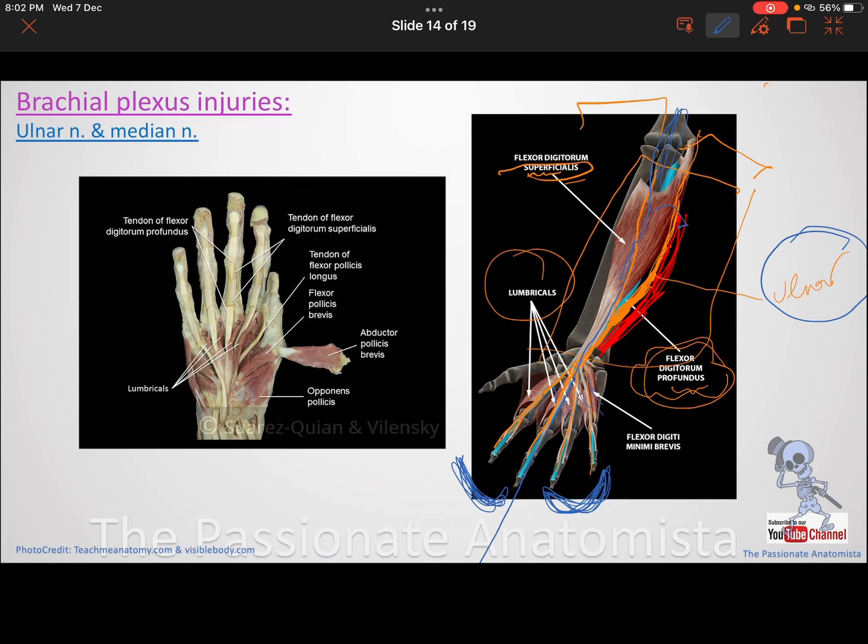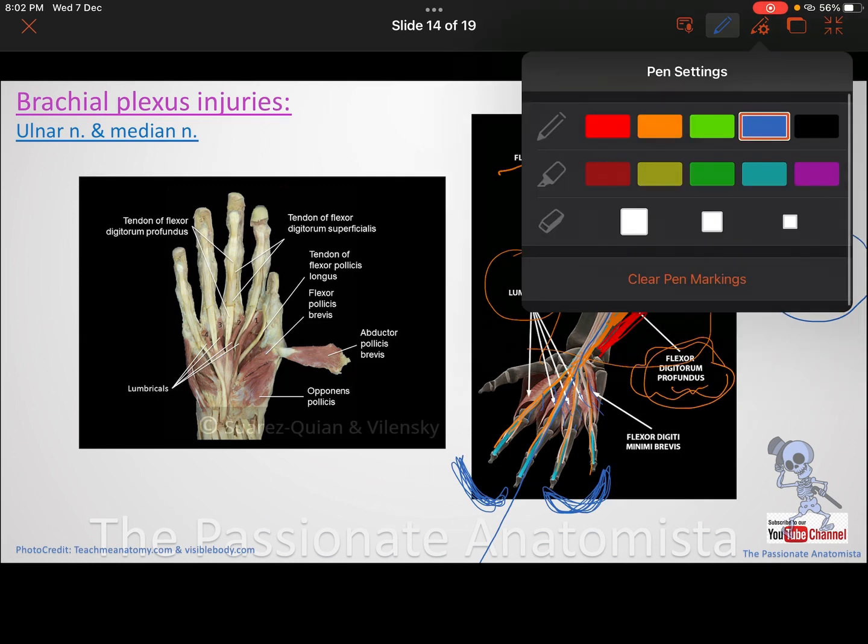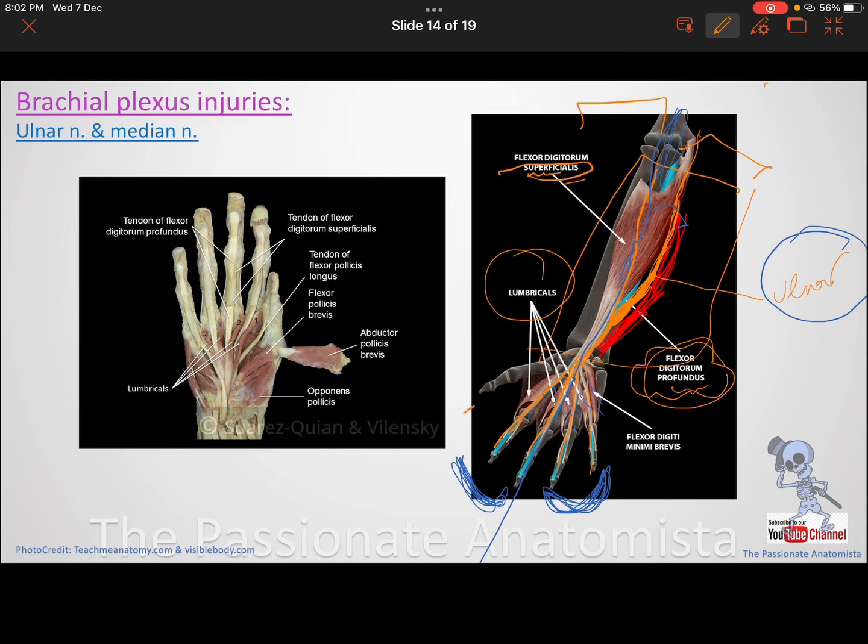How do we give numbers to the muscles? This is number one, this is two, this is three, this is four, and this is five. Now, if you have two parts of the profundus muscle, the medial part is supplied by ulnar nerve. So the medial two lumbricals are supplied also by ulnar nerve.